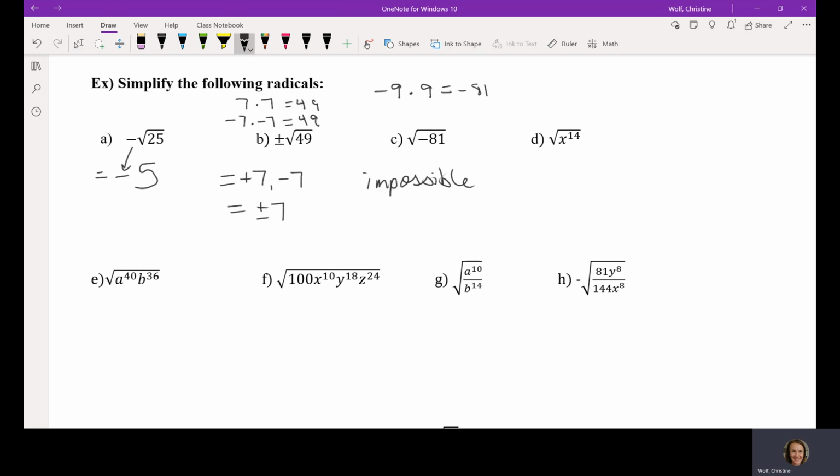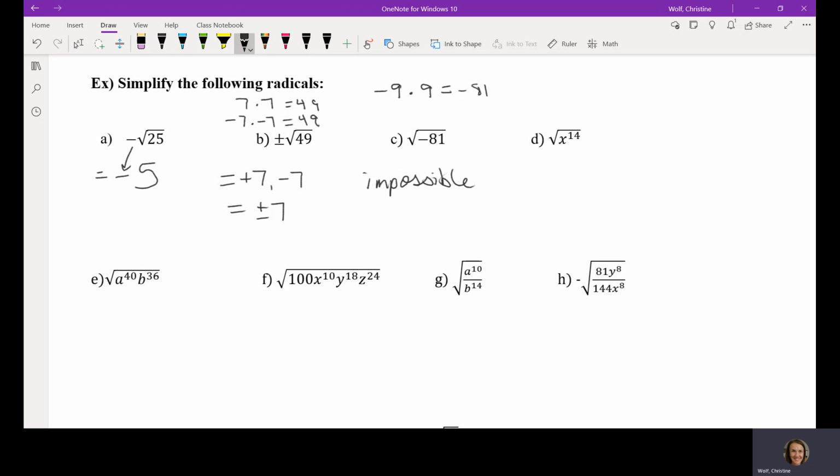Okay, here I want the square root of x to the 14. Who remembers, this is from Unit 3, Lesson 6, when we did difference of squares, method 2 of factoring. How do we square root an exponent? What times what gives us x to the 14? Remember when we did difference of squares, we always needed exponents to be even.